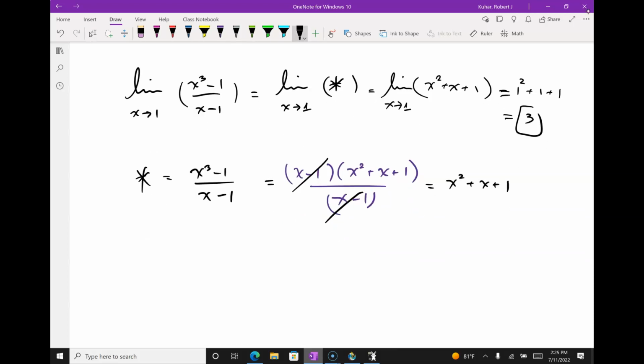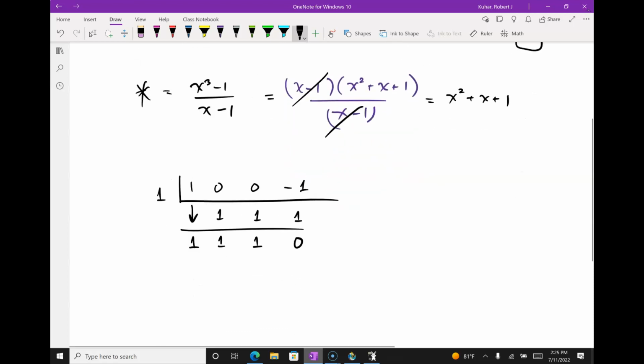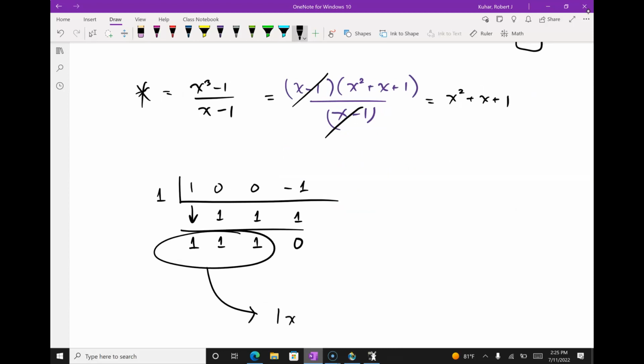So I'm going 1 into 1x cubed, 0x squared, 0x minus 1. I bring down the first term, and then I multiply and add. Multiply and add. Multiply and add. And I can see my x squared, right? 1x squared plus 1x plus 1.